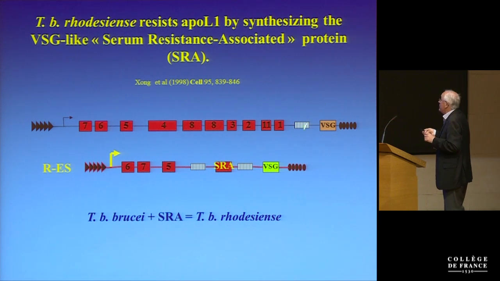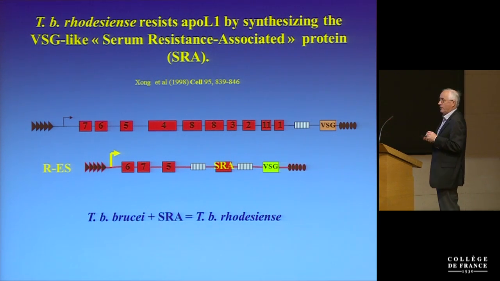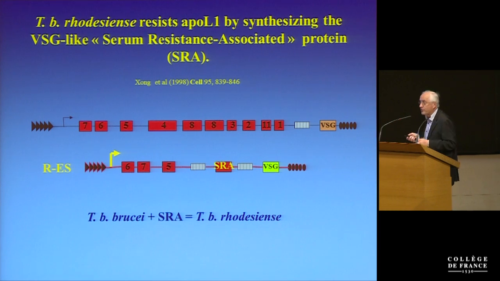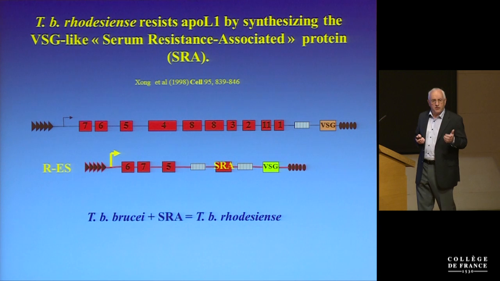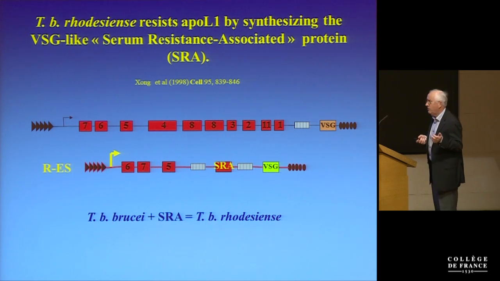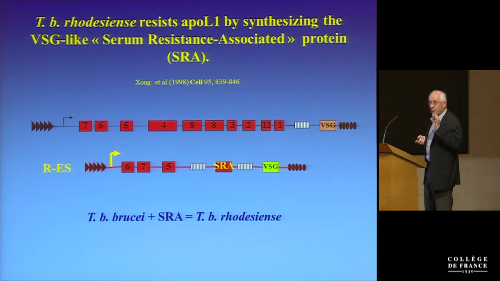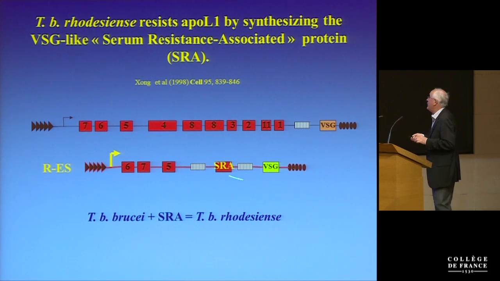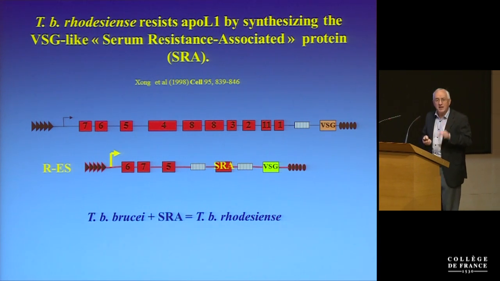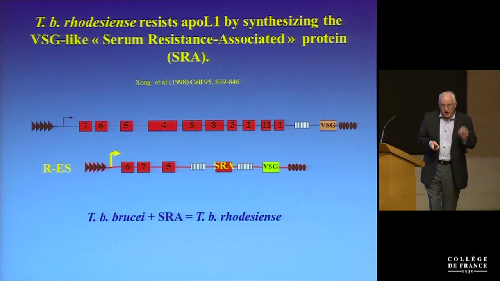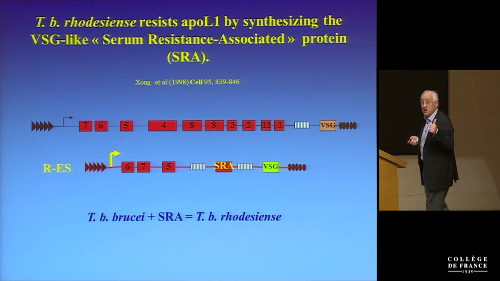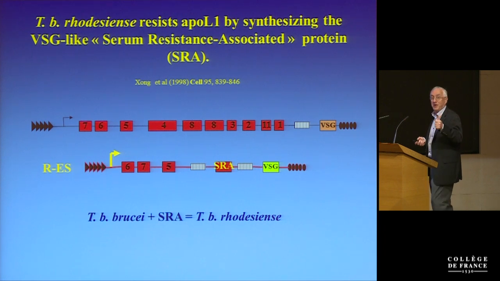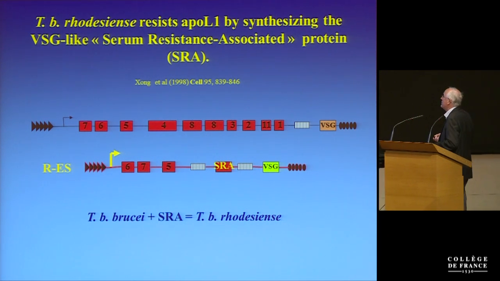Actually, for the VSG to be expressed on the surface of the parasite, you have, of course, to transcribe a VSG gene. The parasite possesses a lot of VSG genes, but as a strict, absolutely strict rule, a single VSG is expressed at any given time, so that every given parasite has only a single type of VSG, 10 million molecules of VSG, but the same, so it's homogeneous on the surface.